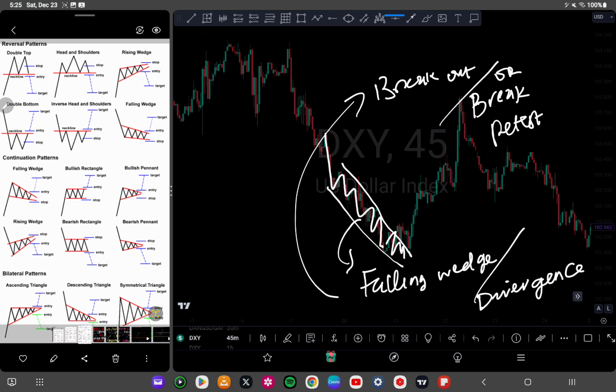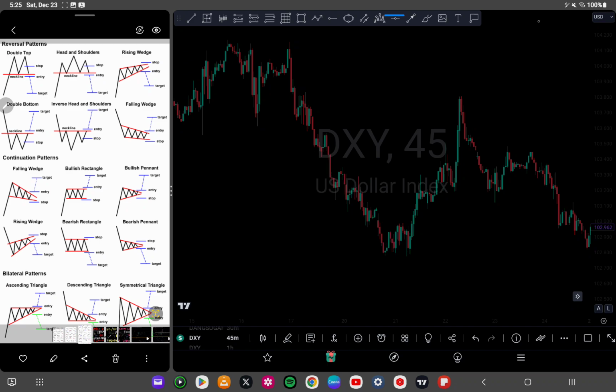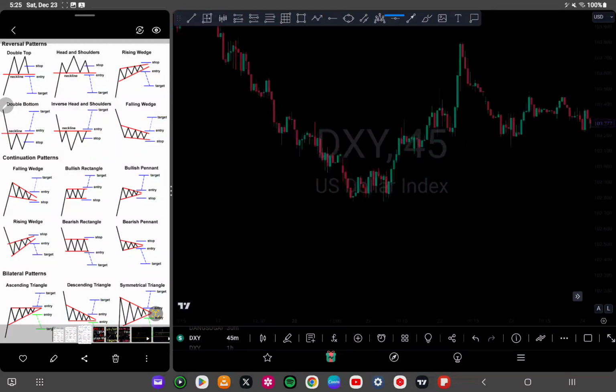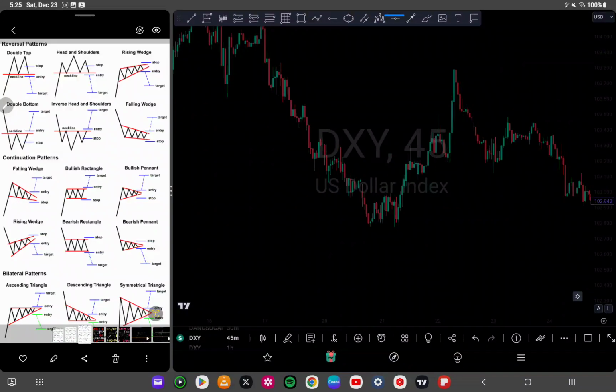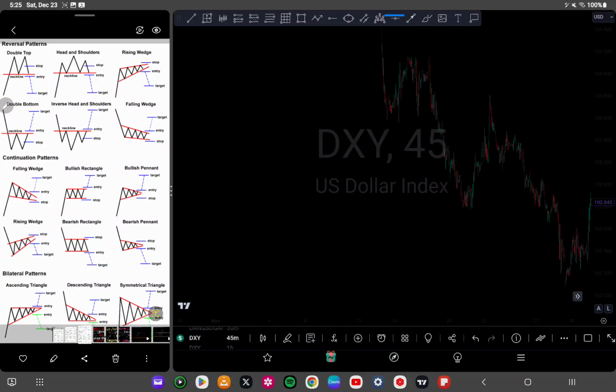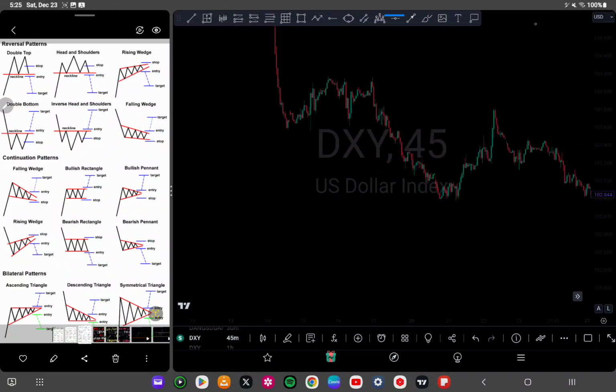Because like I said before, nothing is 100%. Sometimes I see falling wedges and I think it's going to go up and it doesn't, but like I said, most of the time it does, and that's what matters. It does most of the time. And that is why we need confirmation for us to know that we're going to continue to push to the upside.